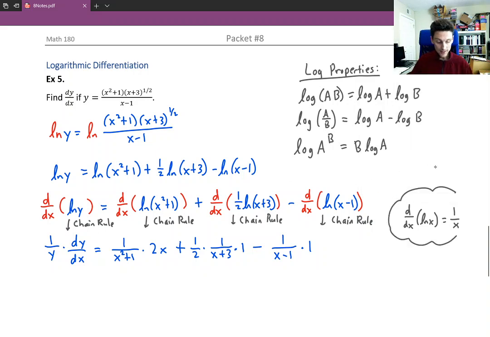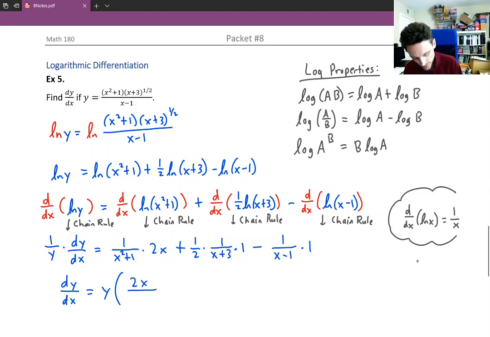So far so good. Now all we have to do to find dy/dx is solve for dy/dx. We're going to multiply the y over to the right side, and then maybe simplify what we have on the right side. So here the 1 over x squared plus 1 times 2x turns into 2x over x squared plus 1.